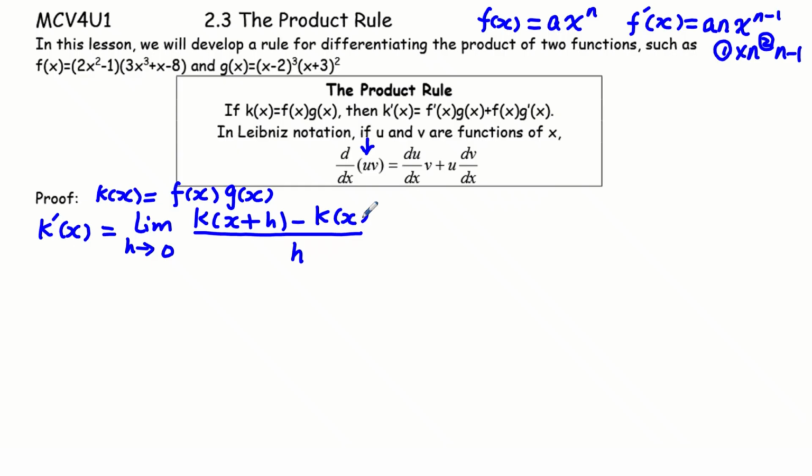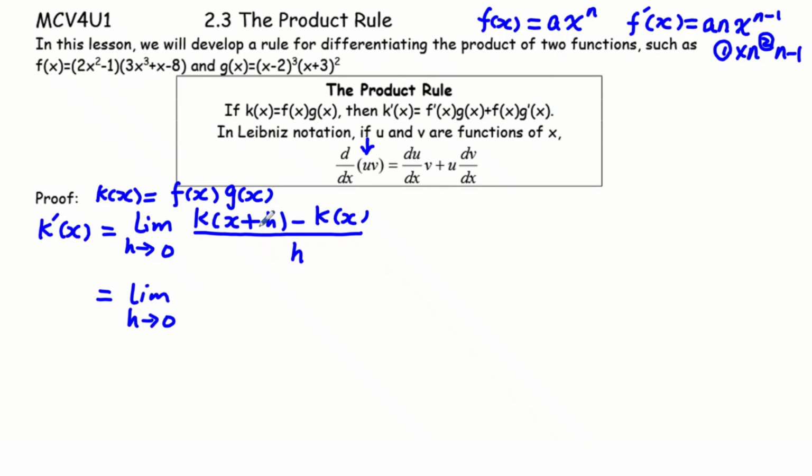So this is delta y over delta x. So this is the slope of the tangent. Then we are going to sub in f of x, g of x, and see how we could get to f prime g plus f g prime.